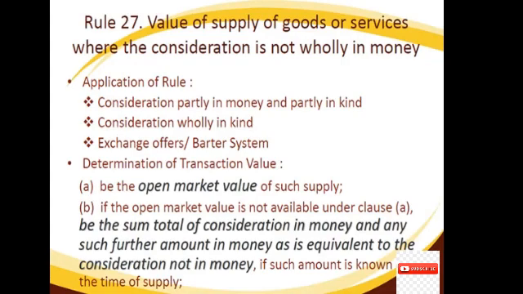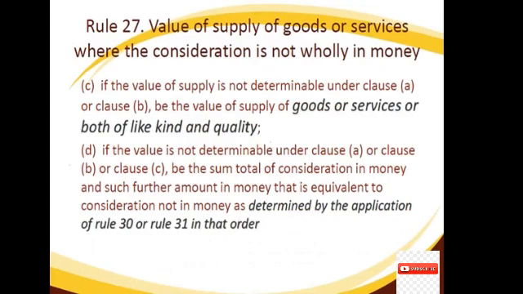If the open market value is not available, then you will move on to the second step, which says total the monetary plus non-monetary consideration. If that figure is again not available, then you will move to point 3, which says take the value of like kind and quality. Again, if it is not available, then move to Rule 30 or move to the last point, which is Rule 31.